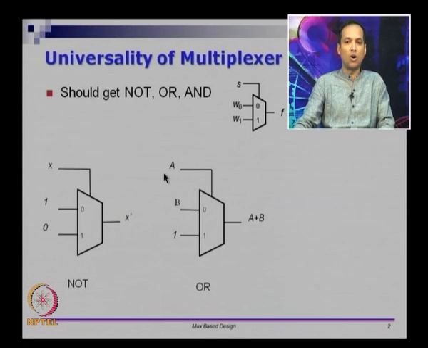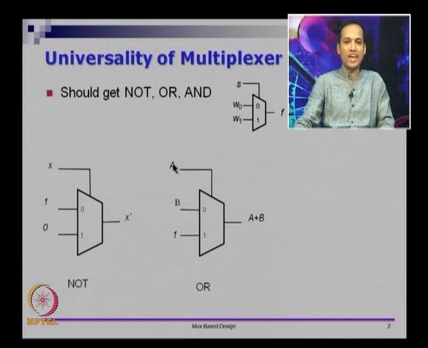Now, let us see how to do OR. Let us say I want the OR of A and B. You place one of the inputs as the select line, and in the 1 pin you put 1. When A is 1, without checking B, you can say that A plus B should be 1.